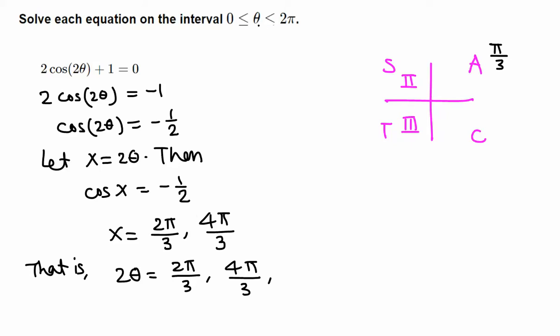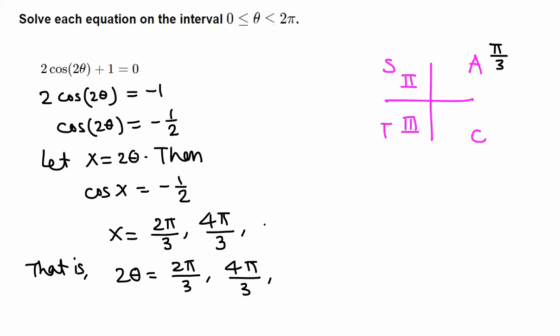And in this case we are trying to find the angle between 0 and 2 pi. This is 2 theta. When we want to find theta, we need to divide by 2. So we can go beyond 360. If it is 720, when we divide by 2, it will still be in 360. So these are not the whole answer, we need to go for more.